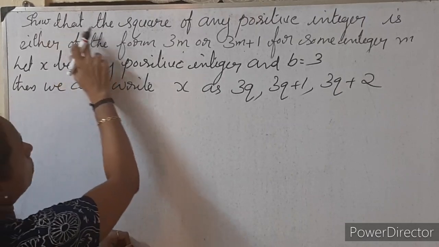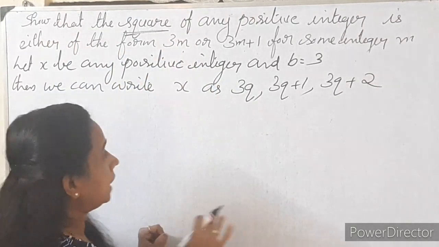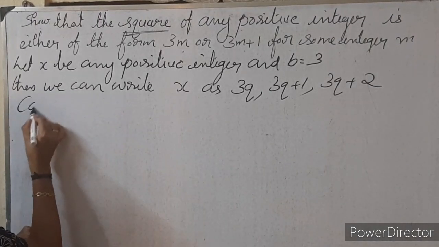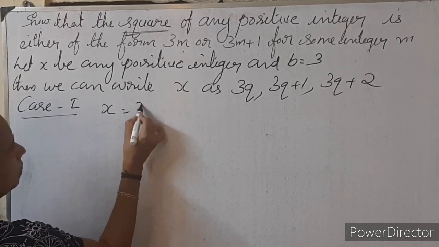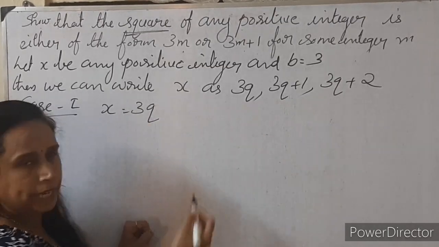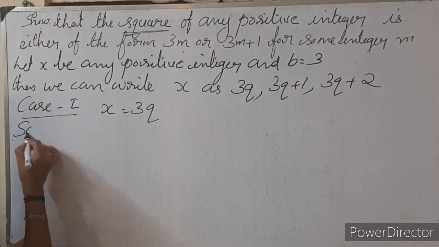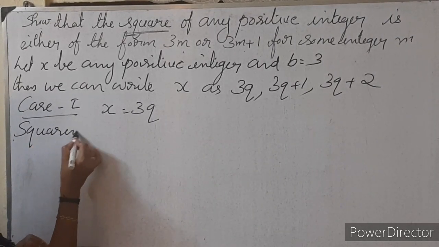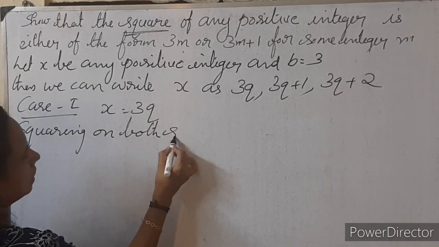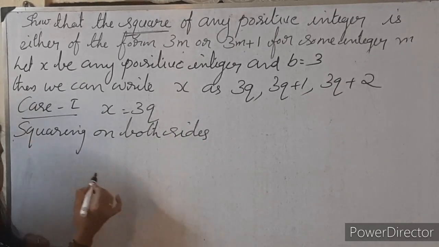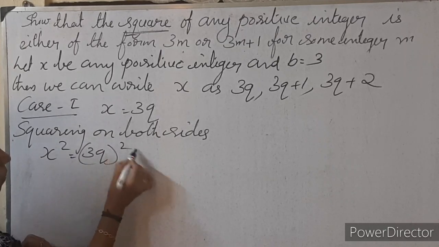Now see the question. Show that the square of any positive integer. Square, that means, first case 1: when x is equal to 3q. Then squaring on both sides, x square is equal to 3q whole square.